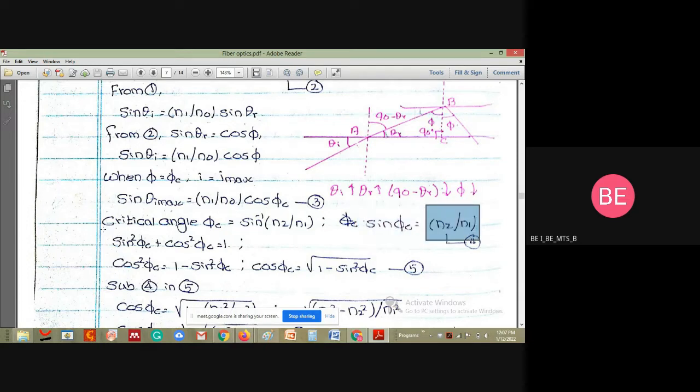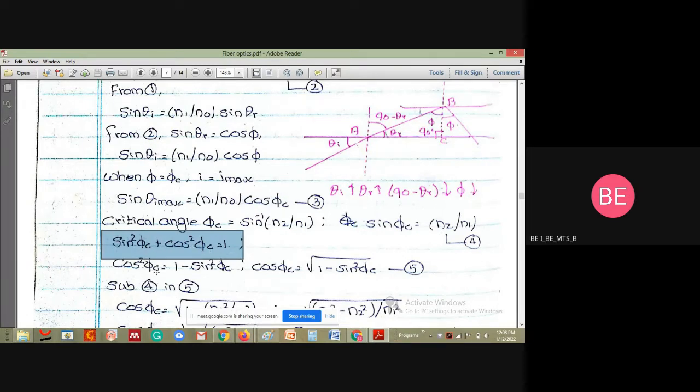And we have yet another trigonometric relation, which says sine square phi c plus cos square phi c is equal to 1. In equation number 3, we are going to find an expression for cos phi c and substitute it there.